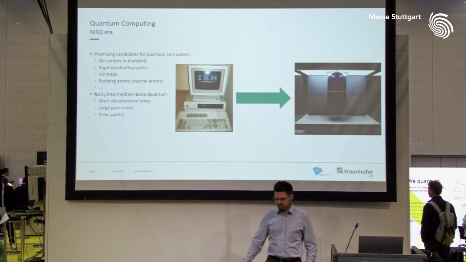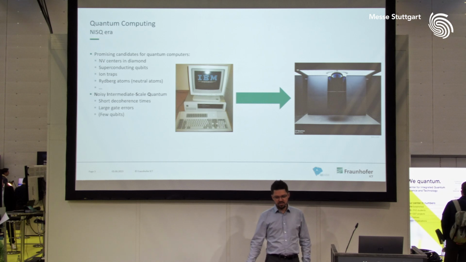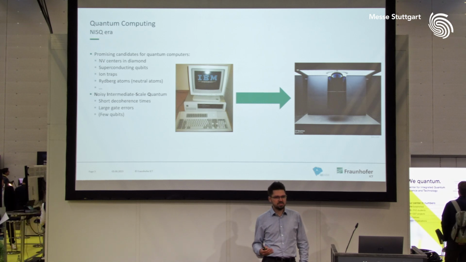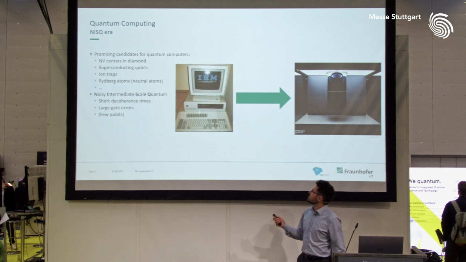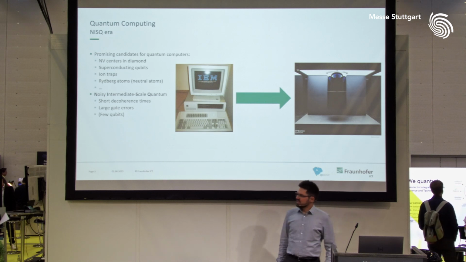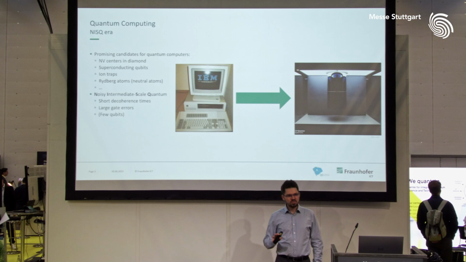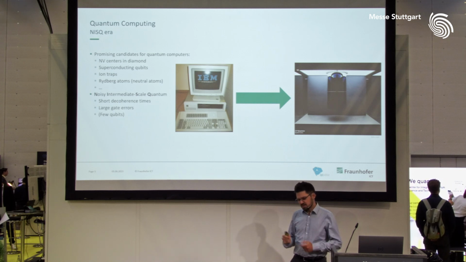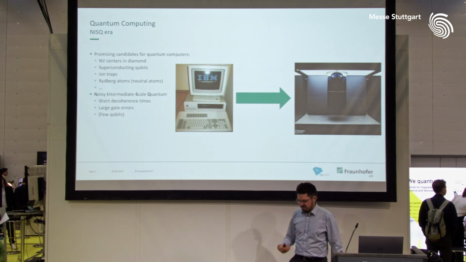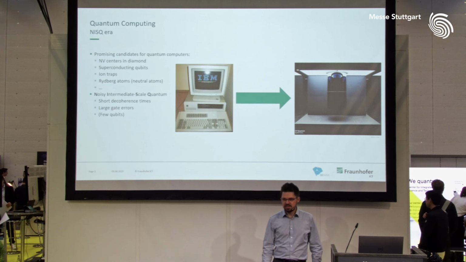So let's first go to what the NISQ era is about. You know those systems probably. Quite old computers. Well, they did their job, but they are not that usable for quite a lot of stuff.